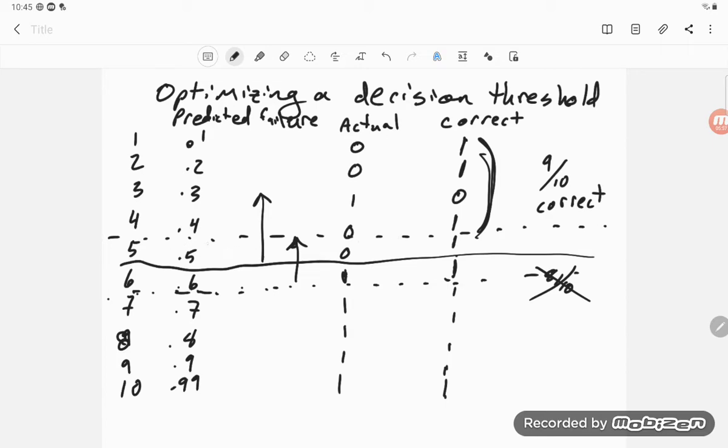Here, though, this one all of a sudden is incorrect, and again we drop to 8 out of 10. And if I check all sorts of different levels, I see that 9 out of 10 is the best I could do, and so my optimal threshold should probably be 0.5.